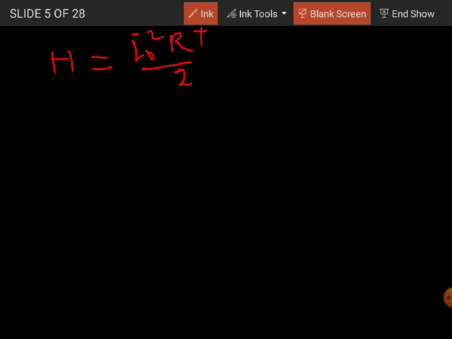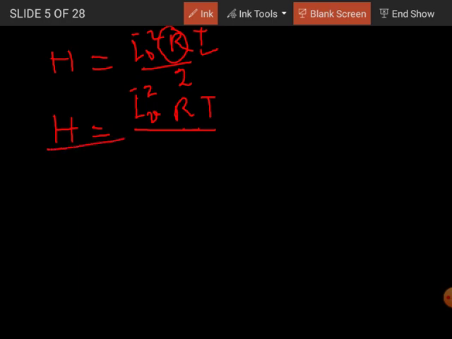So when the RMS value or effective value or virtual value of AC current is passed through that circuit having resistance for this time t, then the amount of heat produced will be I virtual, which is nothing but your RMS value or effective value, squared, into R into T. This will be the amount of heat produced by the steady current, which we call the mean or average value of AC.